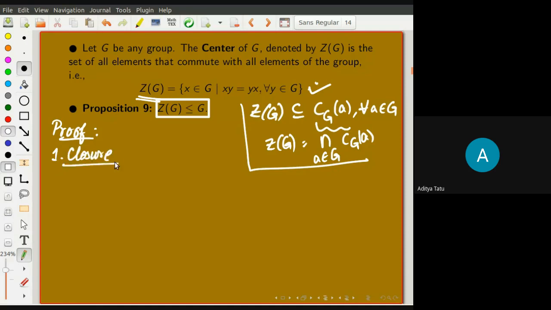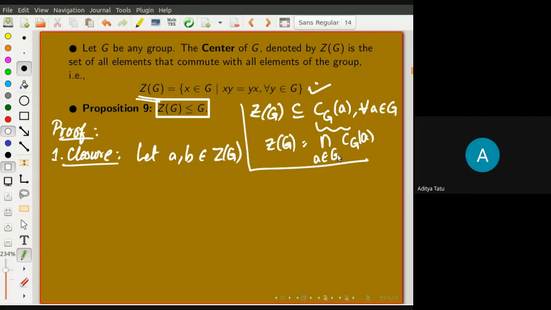Same two axioms, closure and inverse. Closure: let A, B belong to Z(G). Next, sir, can we directly prove, like we have already proved that all the C_G(A) are subgroups of G, and in some previous lecture we had proved that if H1 and H2 are both subgroups of G, then H1 intersection H2 will also be one?